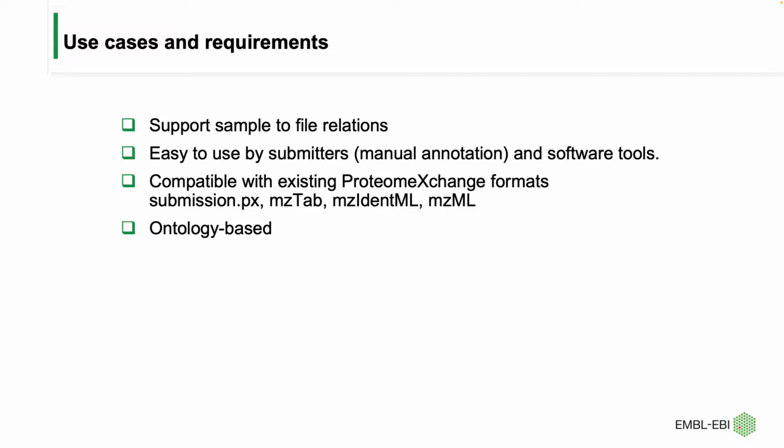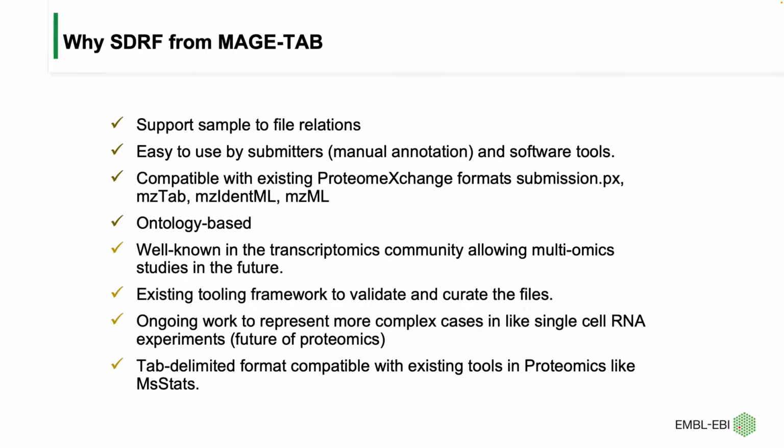We don't want someone to call it LTQ Orbitrap and somebody else LTQ/Orbitrap. We want the same term for the same concept, and that's what ontology based means. We use ontologies to describe not only the properties, but also the values of the properties.